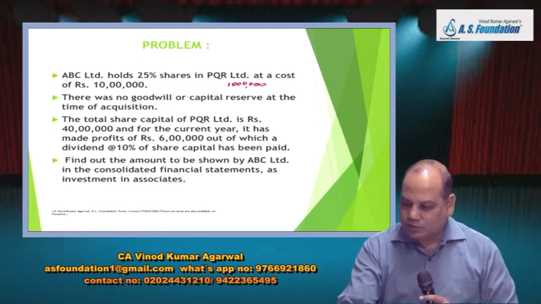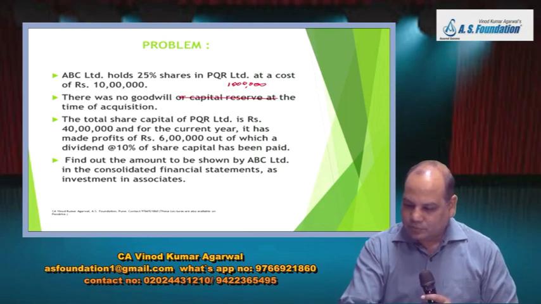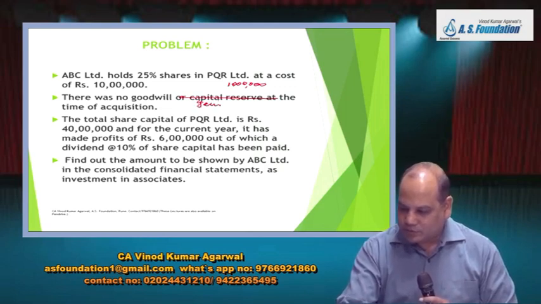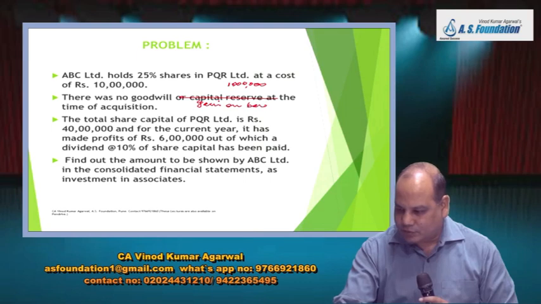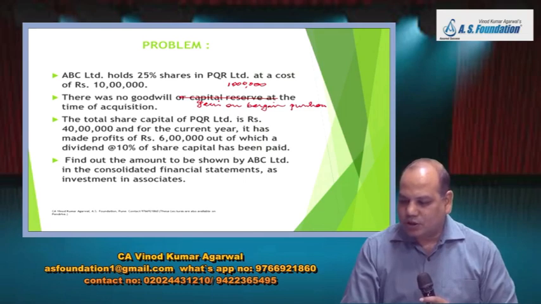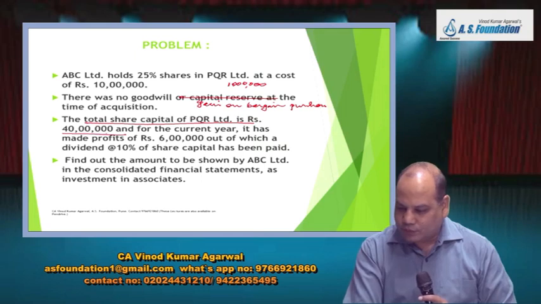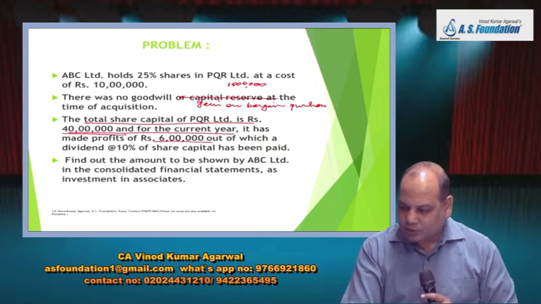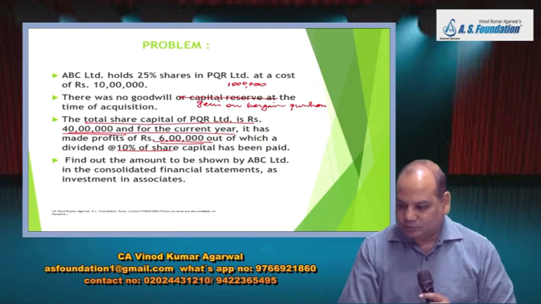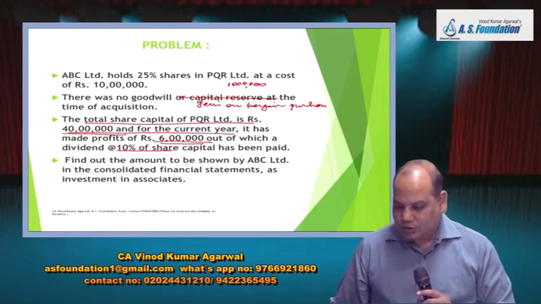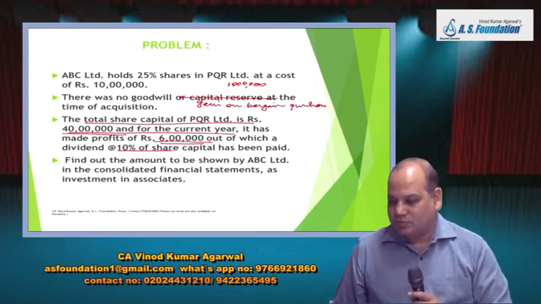There was no goodwill or gain on bargain purchase at the date of acquisition, so that means your cost and share in net asset was the same. The total share capital of PQR was 40 lakh. For the current year, it earned a profit of 6 lakh, out of which dividend of 10% was paid. Find out the amount to be shown by ABC Limited in the CFS as investment in associate.